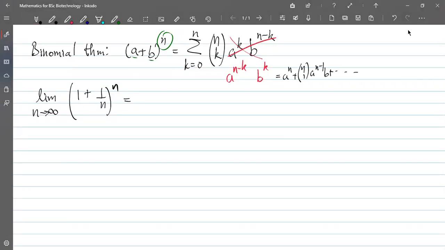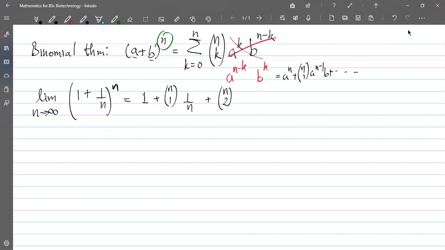So over here you have 1 to the n plus nc1 1 to the n minus 1, that's still 1, times b to the 1. So b is 1 upon n to the power of 1, plus nc2.